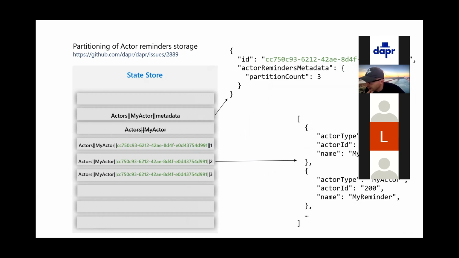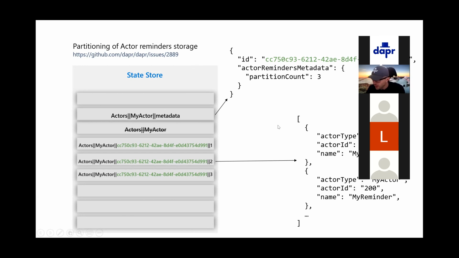So how does this work? We have a new record called the metadata record. This record is extensible and can be used for persisting any information about an actor type. We made it extensible because you might be able to use it for other features later on. Today, there's only one attribute in this metadata, which is the actor reminders metadata.